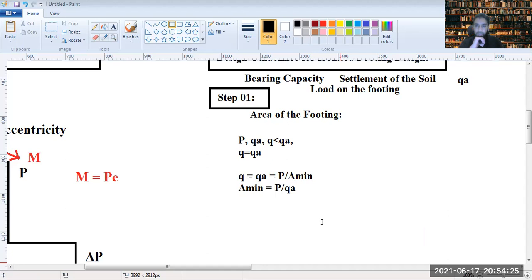So we can easily go with the serviceability limit state criteria in this design. And what is the total contact area between your soil and the footing? That's very important. And what is the net soil pressure being exerted on the footing? These things are very important to take into account while we are designing.